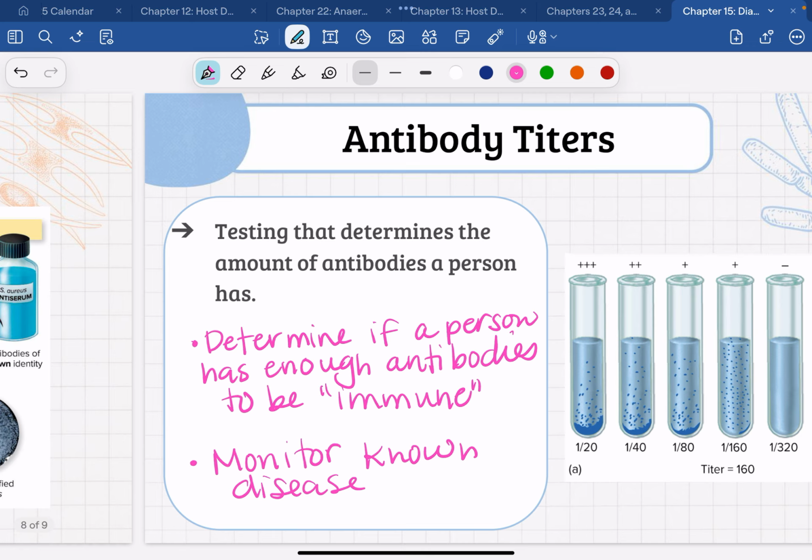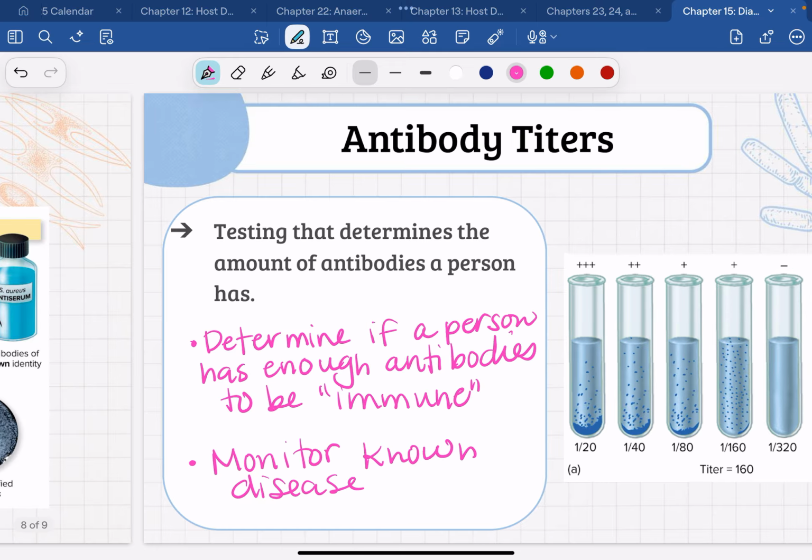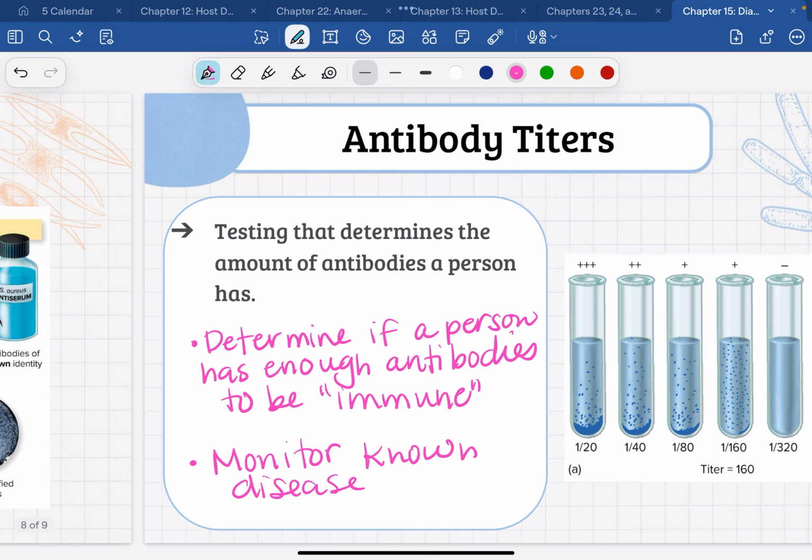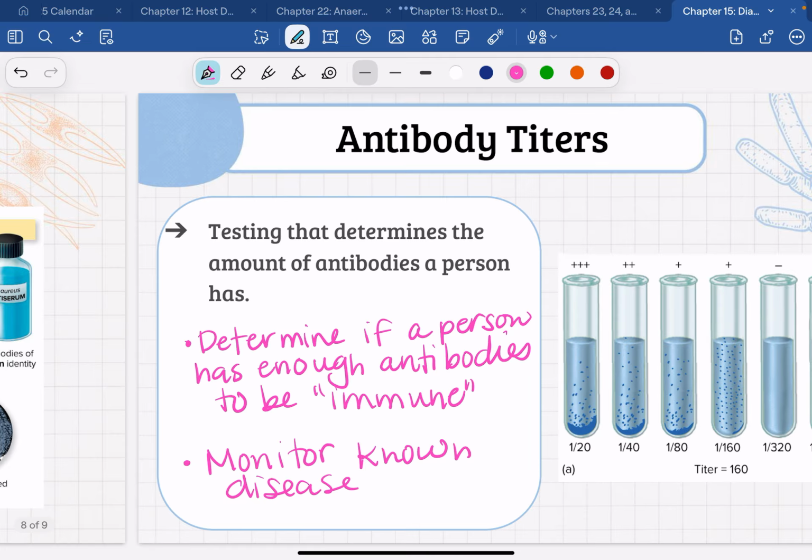So if we want to figure out where in the curve that person is, we can monitor their titers over time. So we can see, oh, this week they had a titer of 140, 1 over 40.